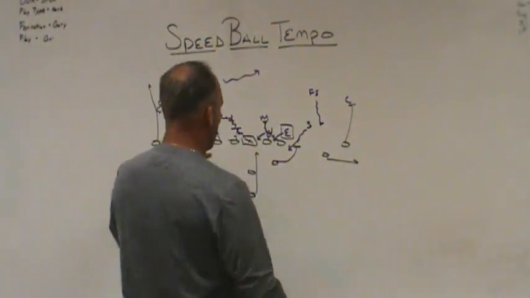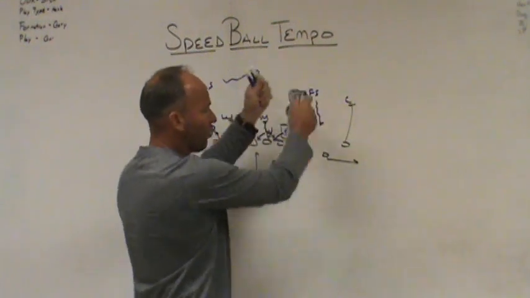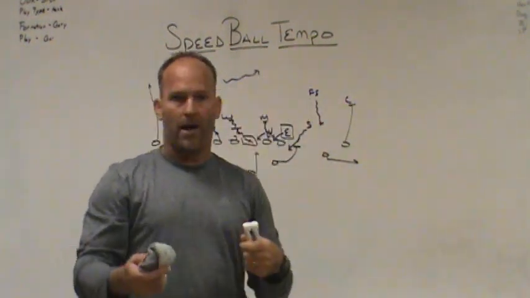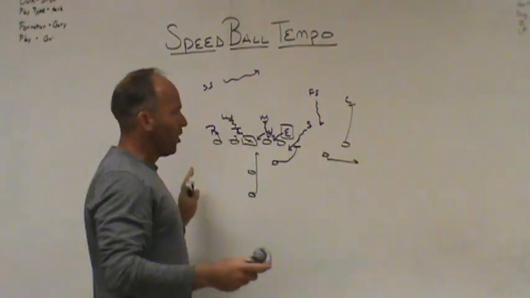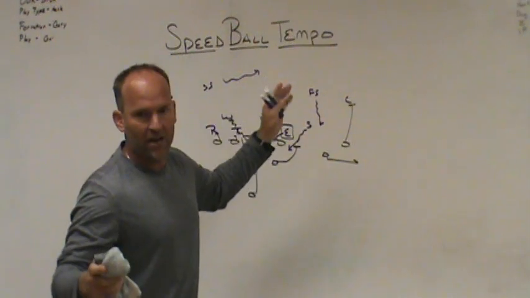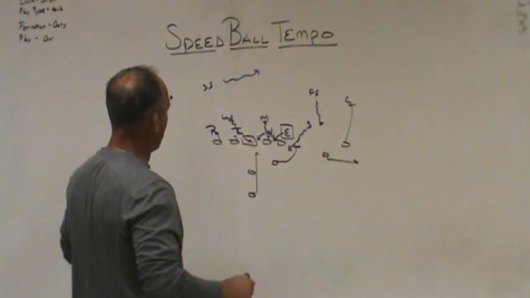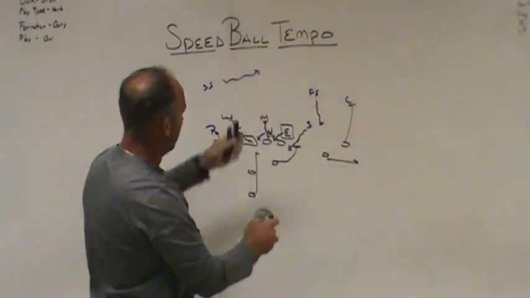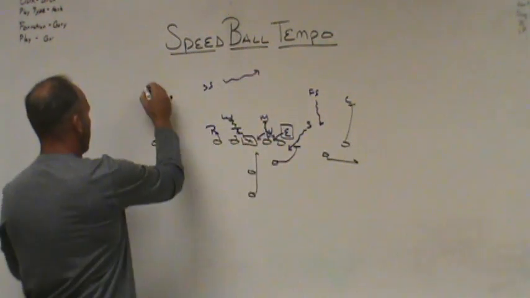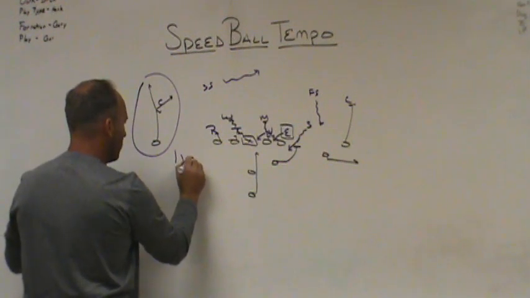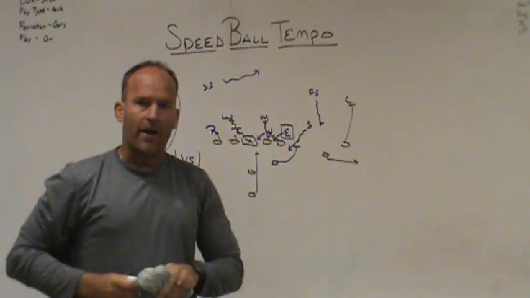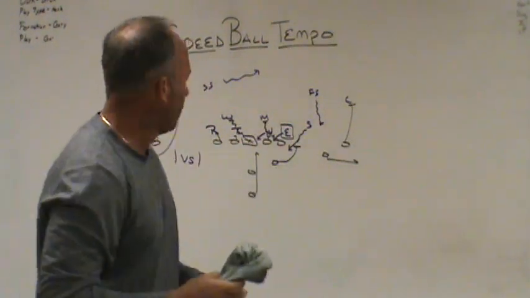What happens now within the speedball tempo is we're not changing the play. So we don't get a chance to see these guys roll and spin and give the quarterback another play to check to. When we're going speedball and ripping this play as fast as we can, we have to have an answer. If we got some type of spin or rotation that way, and they were giving us a one-on-one, they want to give you a 1v1 on the backside, well, now you don't have to call a different play.